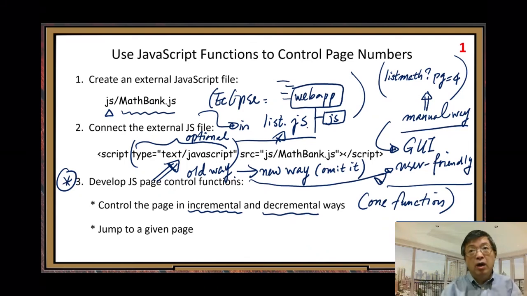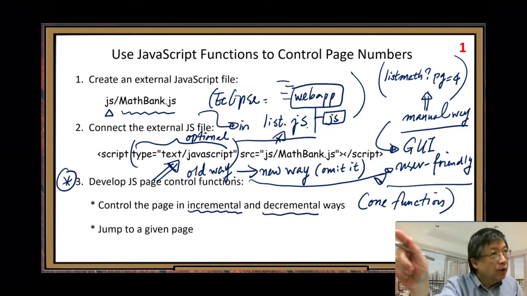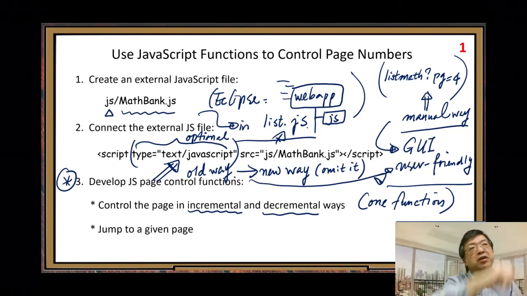So we want a function that allows us to jump to one particular page immediately. For example, 327, that's the page number. We put the page number there, we click go to, and we get to that page immediately.